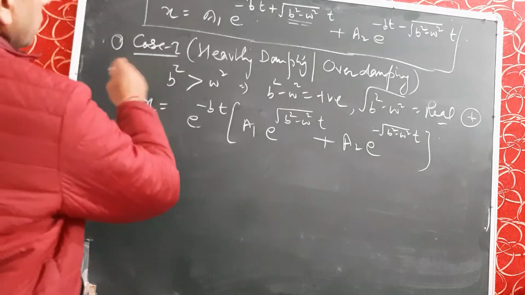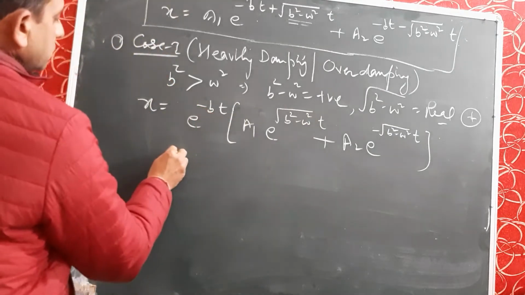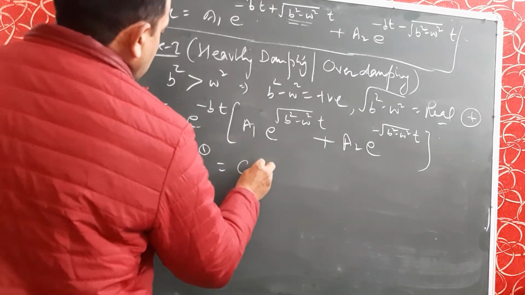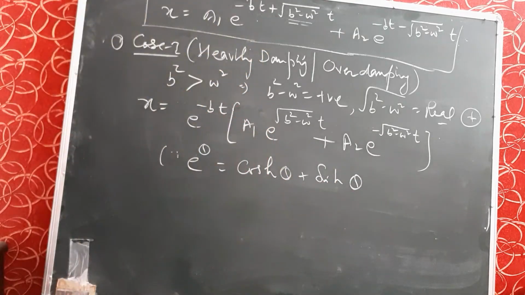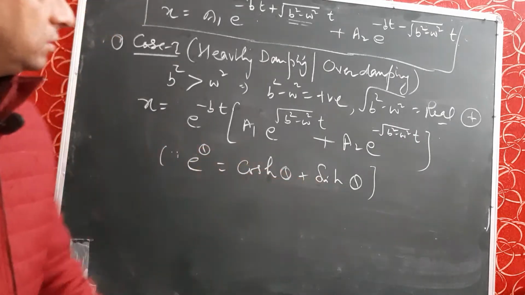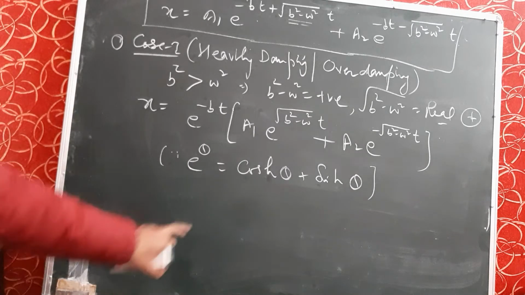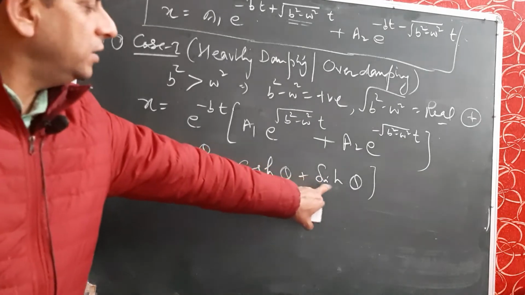Now in case 1, the square root is positive, so we have e power any real number. We know that e power theta is equal to cos hyperbolic theta plus sin hyperbolic theta. You are already familiar with the h function, that is cos h and sin h. These are the functions derived from cos and sin, but hyperbolic.